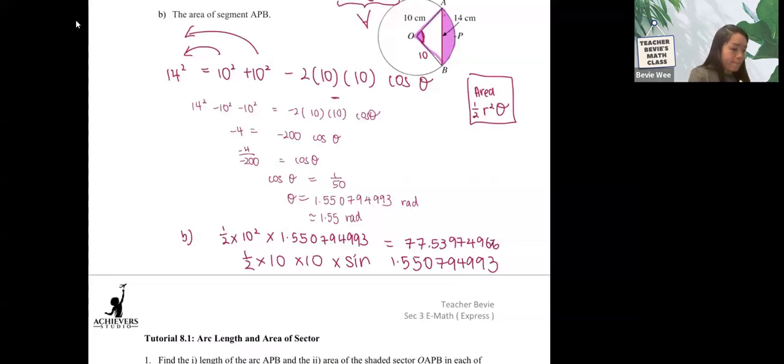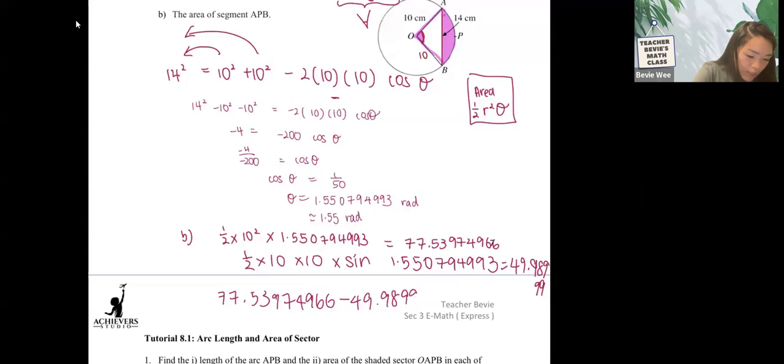Anybody got? This triangle, it's 49.98999 right now. Then I take the whole sector. It's 77.53974966 minus 49.98999.